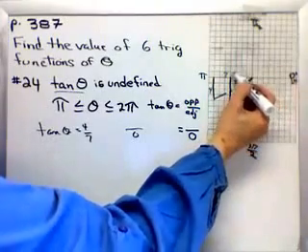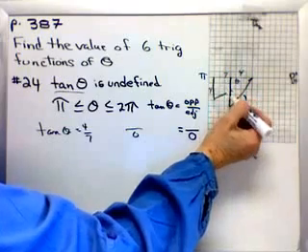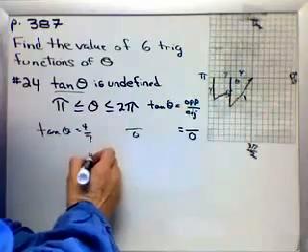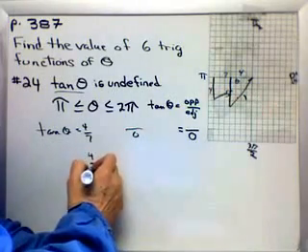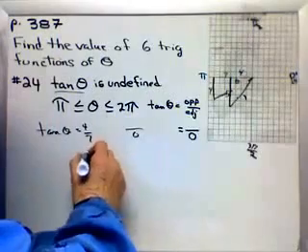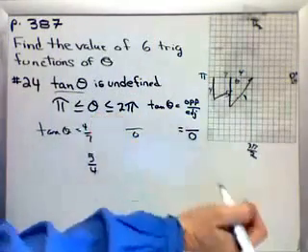This side here is now 4. This side here, 1, 2, 3, 4, 5, is 5. Whoops, wait a minute. Tangent is 5 over 4, opposite over adjacent, 5 over 4. Now remember, I'm trying to get the bottom 0.